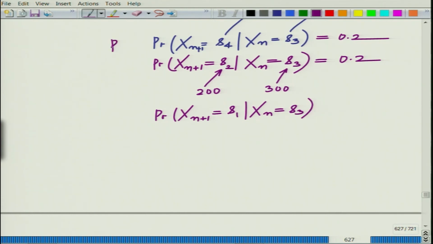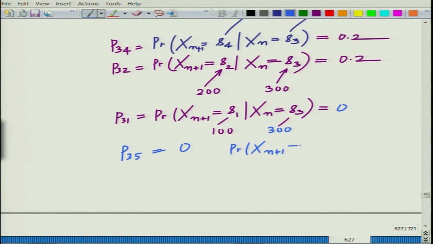This is probability P 3, 1, which is equal to 0, because this is essentially 100 and this is essentially 300, it cannot fall by 200. P 3, 5 similarly equals 0, the probability of increasing from 300 to 500 is 0.